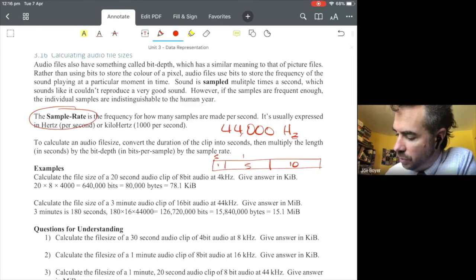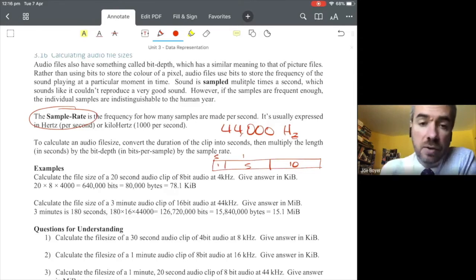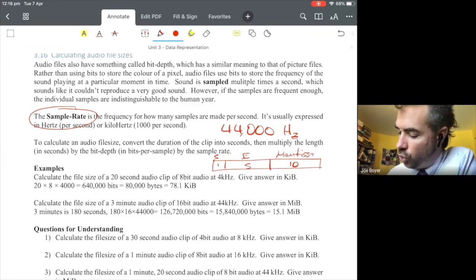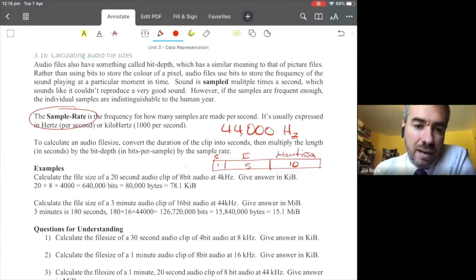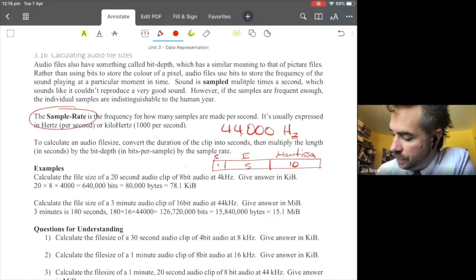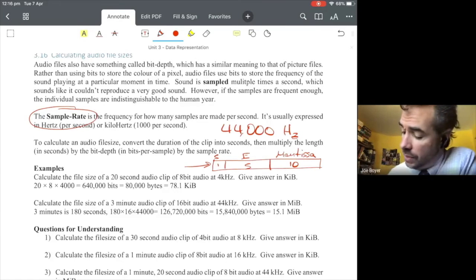So we know that we've got a way of recording its frequency. If we're storing a number that looks like that 44,000 times a second, then our bit depth is going to be how many bits we are using for it. In this case, our bit depth is 16. And so we're going to be using 16 bits, 44,000 times a second. And so we just then have to multiply it by the duration.